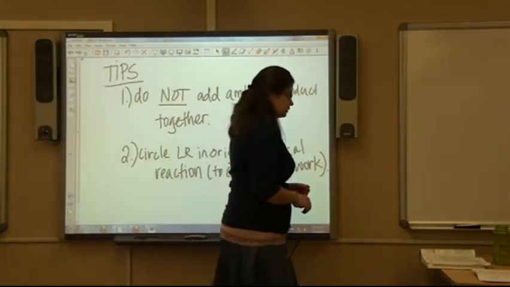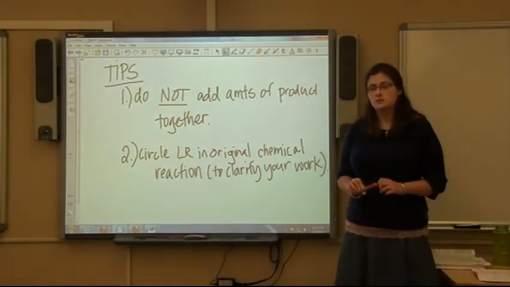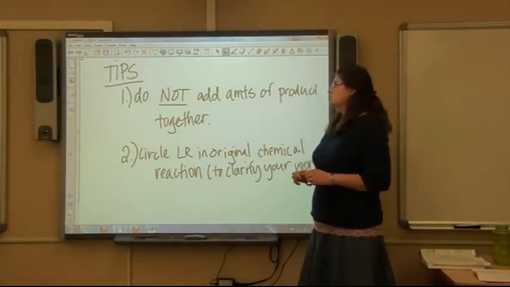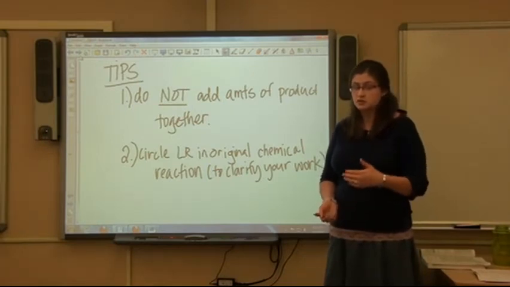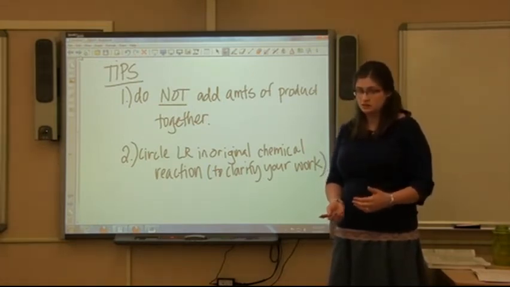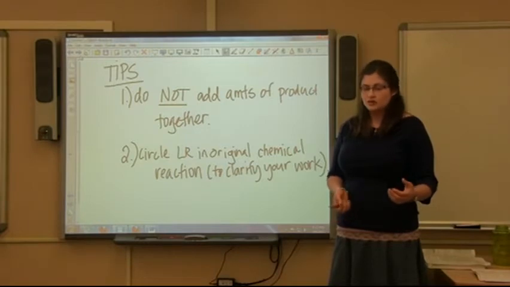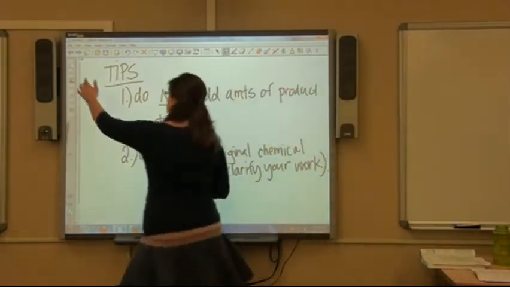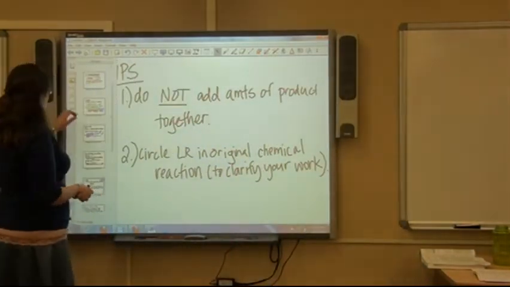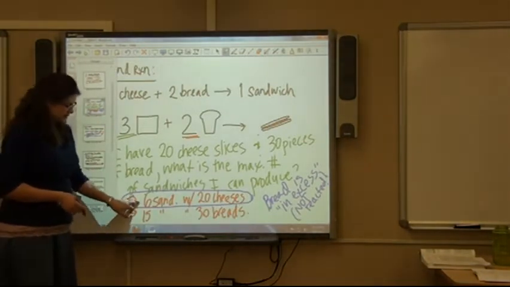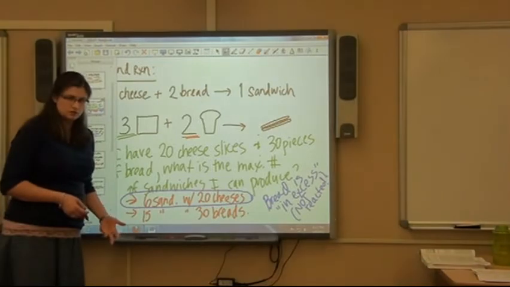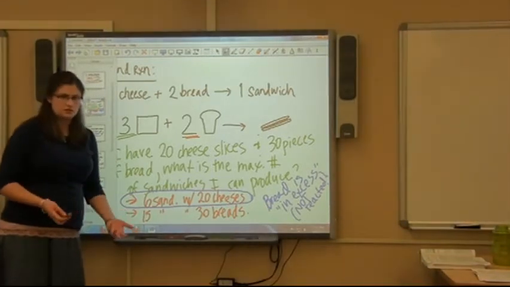Okay, just a few tips for you. The first tip is a major mistake that a lot of students make: we do not add together the amounts of products that we get from steps 2 and 3 on the previous slide. Just like we didn't add together the bread and the cheese, we didn't take the 6 and the 15 and add them together to come up with some ridiculous number like 21.